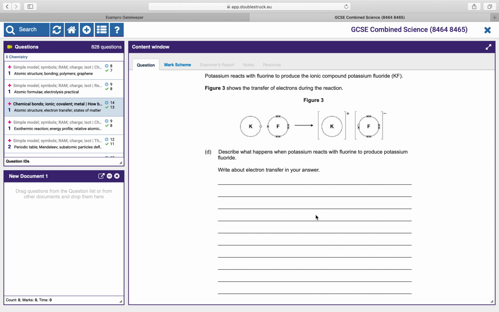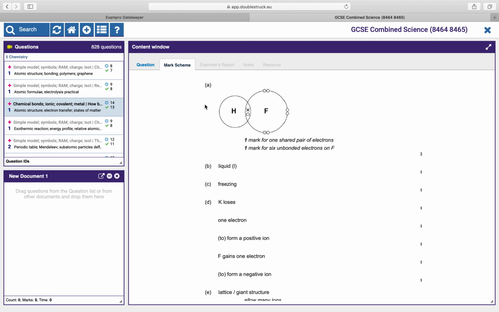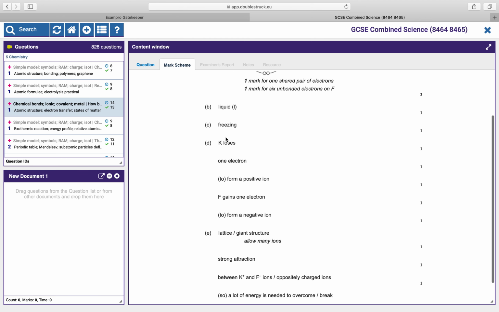You're just talking about how many electrons are being lost, by what, how many electrons are being gained, and by what. And I tell you, if you can do that, it's very simple to get those marks very, very easily. See?